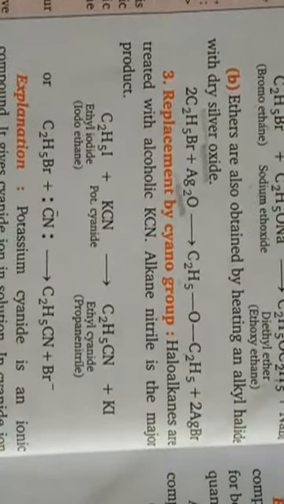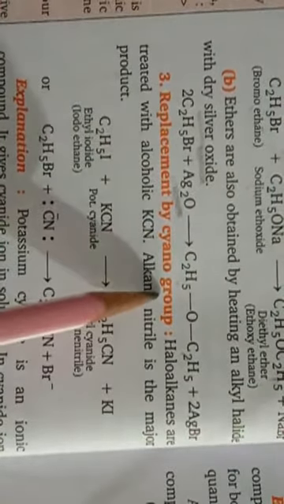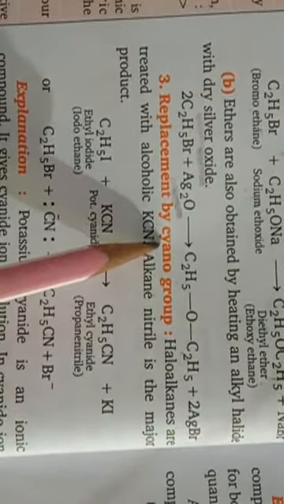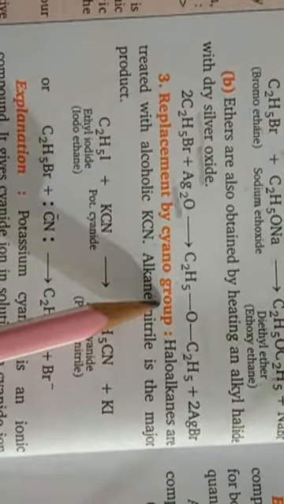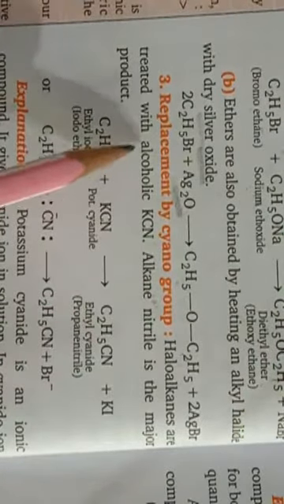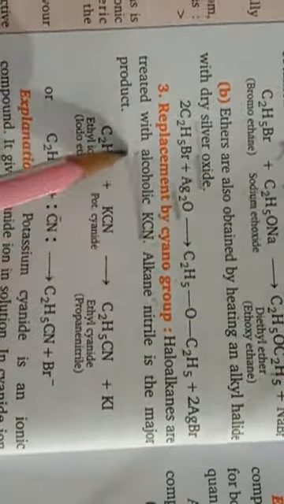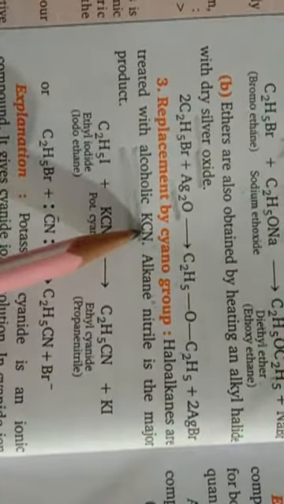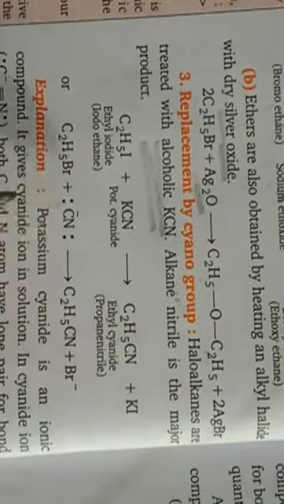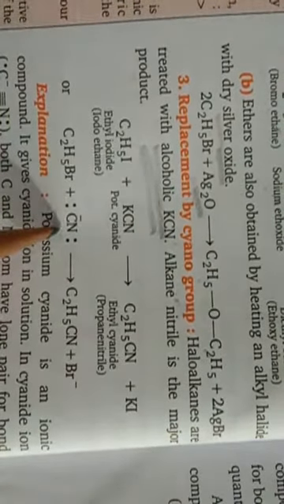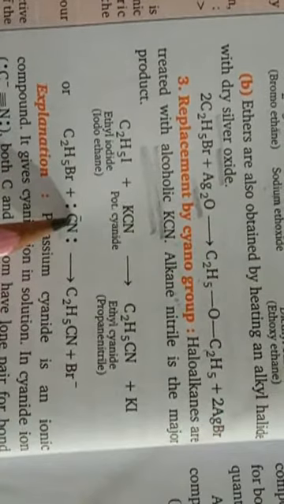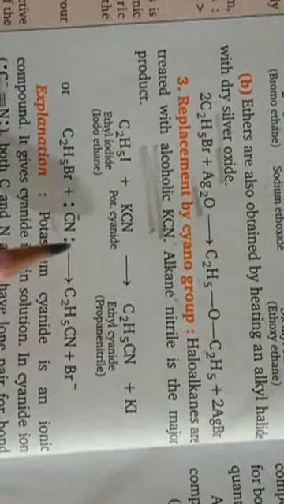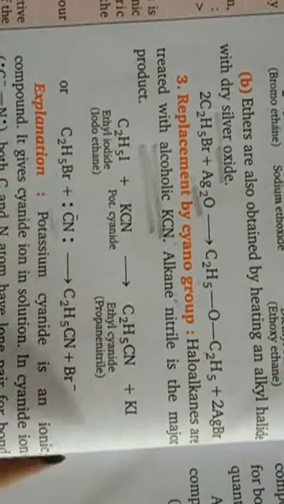The next reaction is replacement by cyano group. In this reaction, the halogen atom will be replaced by CN group, and for this we are using alcoholic potassium cyanide as a reagent. This alcoholic potassium cyanide will form cyanide ion as a nucleophile, and this nucleophile will displace the halide ion, then the related alkyl cyanide will form.